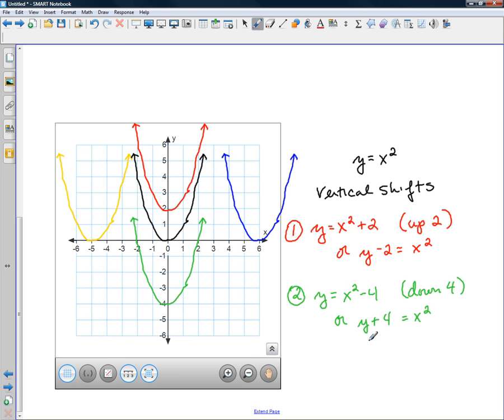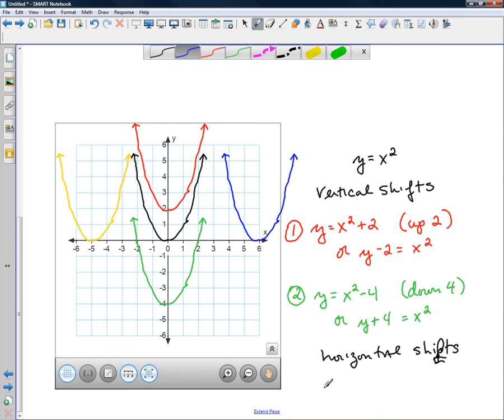Now consider the horizontal shifts. Horizontal shifts are moving right and left, like the horizon. Shifts. There we go. So let's consider this one here in blue.